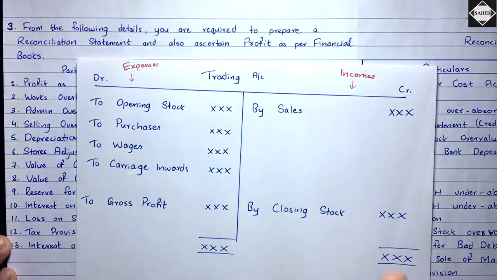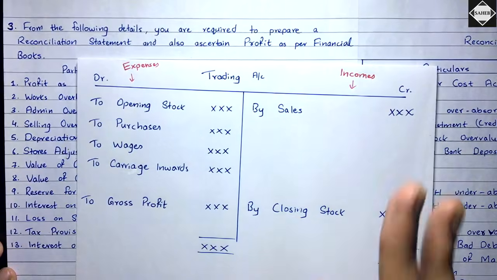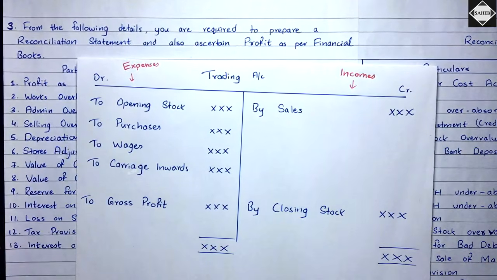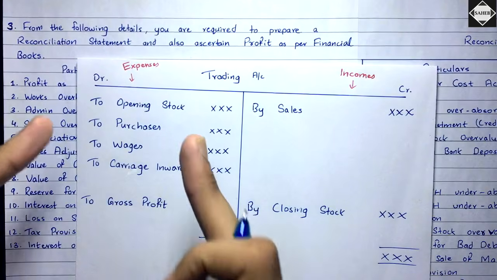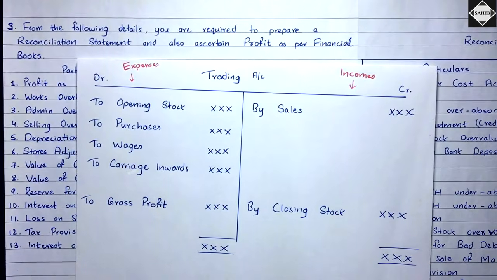But most people think that opening stock is also an expense and closing stock is also an income, and that's not true. It is not an expense or income. We take opening stock on the debit side and closing stock on the credit side of the trading account just so that we can accurately calculate the gross profit.